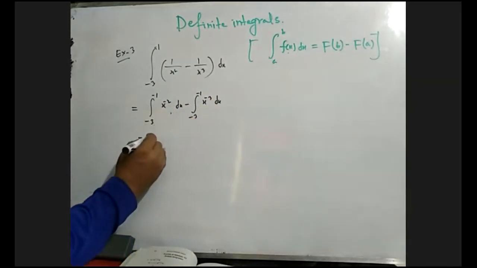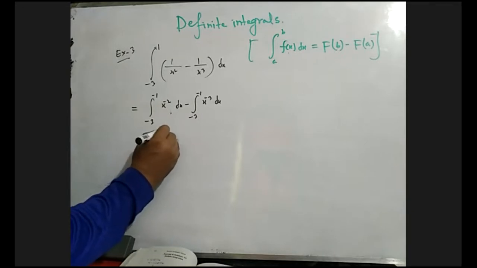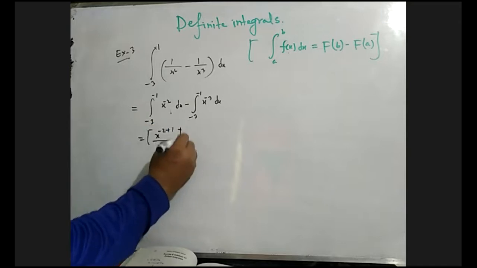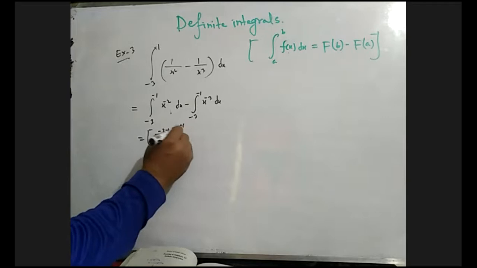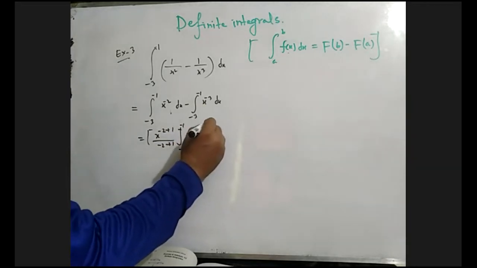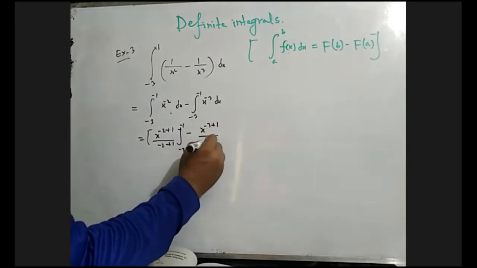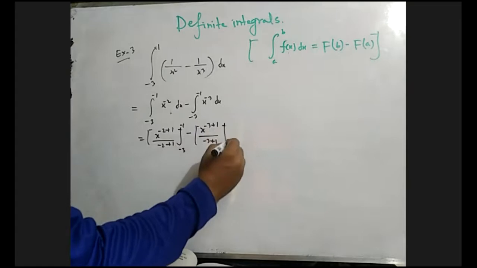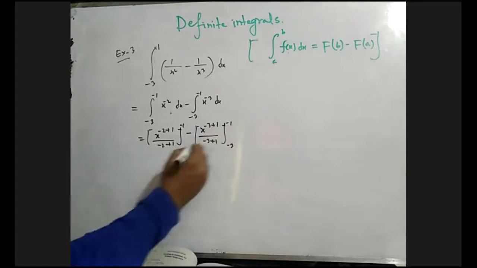By using the power rule, we can write minus 2 plus 1 divided by minus 2 plus 1. Now upper limit and lower limit will be put within the bracket, minus, again power rule, minus 3 plus 1, that means n plus 1 divided by n plus 1.